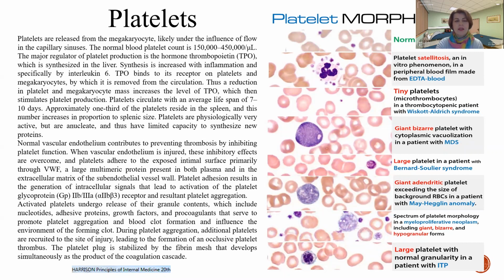Normal vascular endothelium contributes to preventing thrombosis by inhibiting platelet function. When vascular endothelium is injured, these inhibitory effects are overcome and platelets adhere to the exposed intimal surface primarily through the von Willebrand factor, a large multimeric protein present in both plasma and in the extracellular matrix of the subendothelial vessel wall.